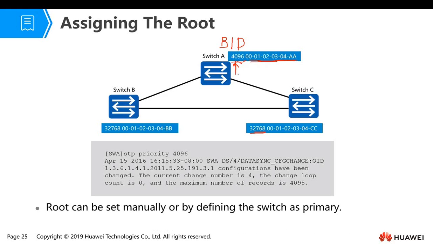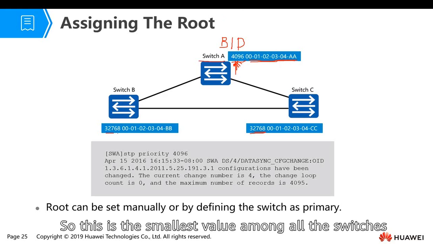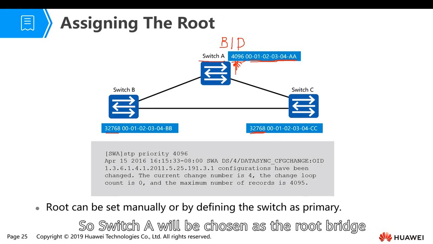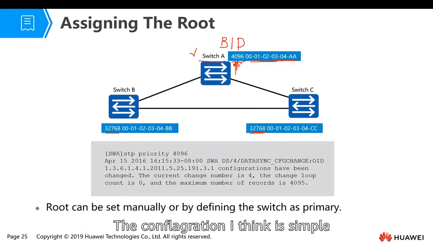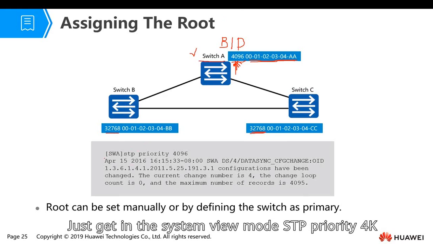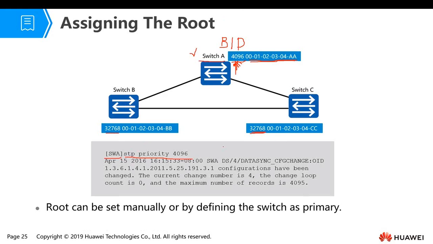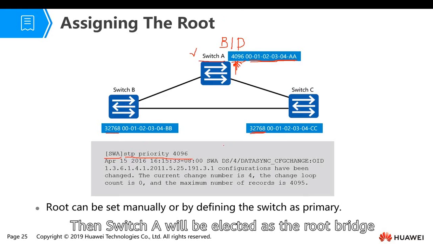So here the switch A is 4 kilo, the smallest value of all the switches, so switch A will be chosen as the root bridge. The configuration is simple: in the system view, STP priority 4 kilo. Then switch A will be elected as the root bridge.